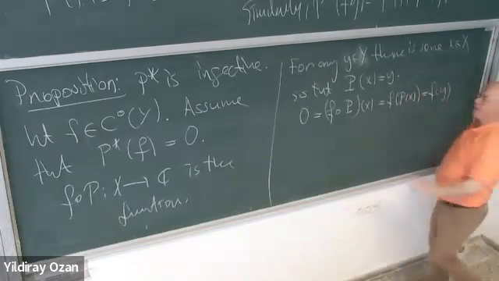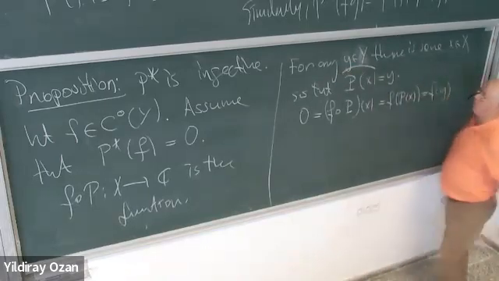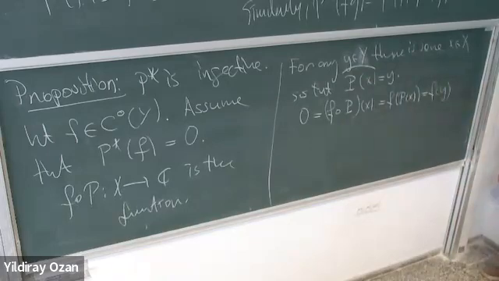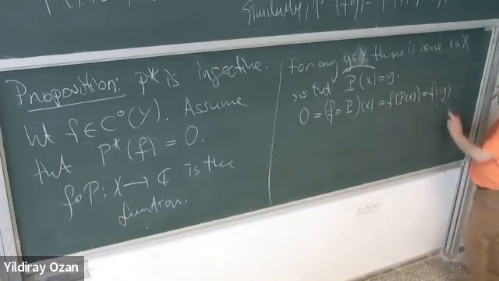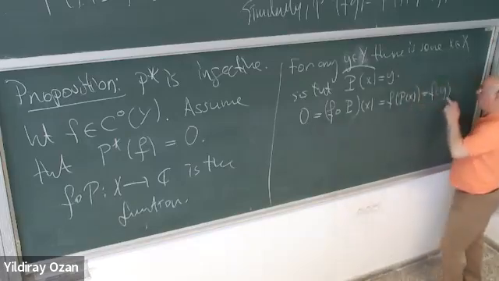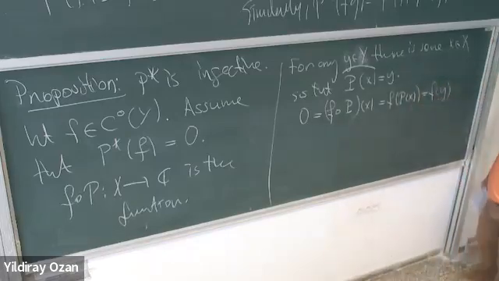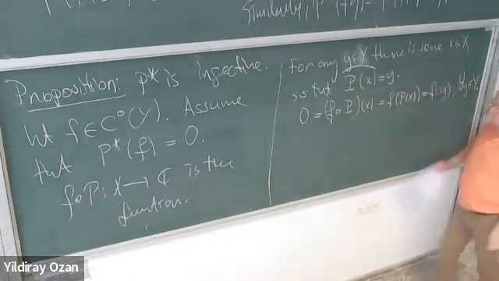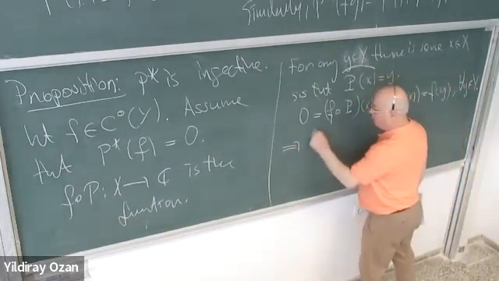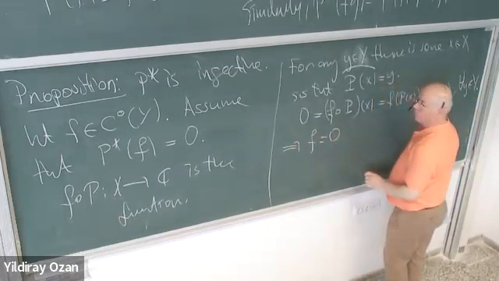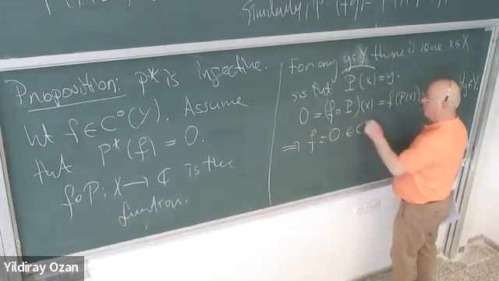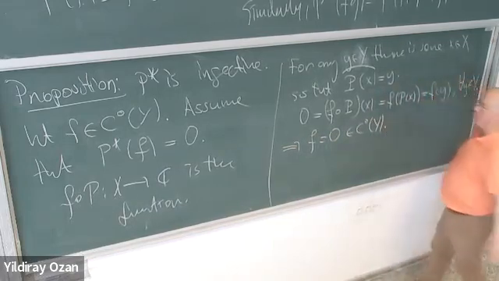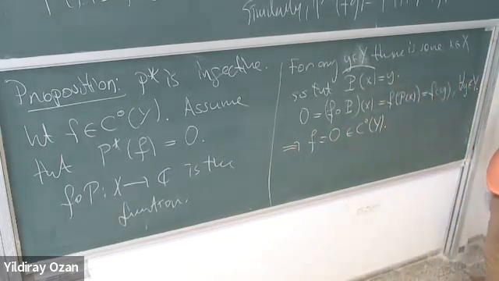But y is an arbitrary point on Y. Therefore, f of y is equal to 0 for all the points in Y, right? So this is true for all the points in Y. And this implies that the function f is just 0, okay? As a function on Y. Therefore, p star is injective.